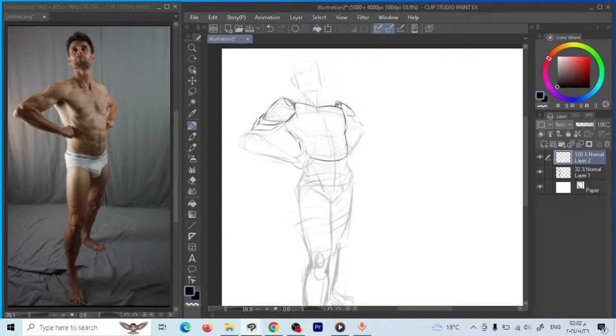You already know. That's what I actually like. As you can see here, it's like an armor.